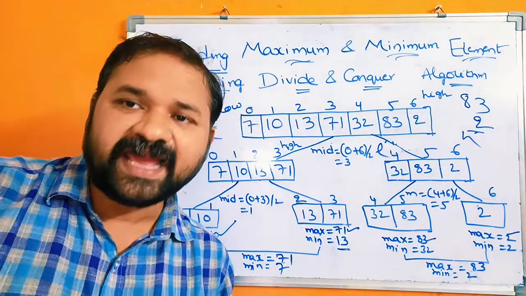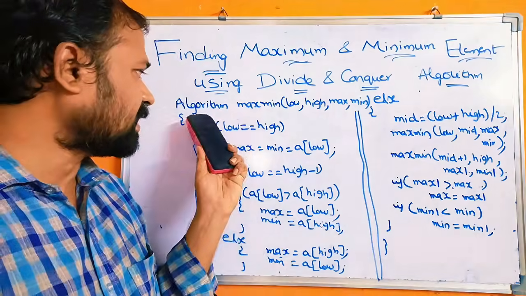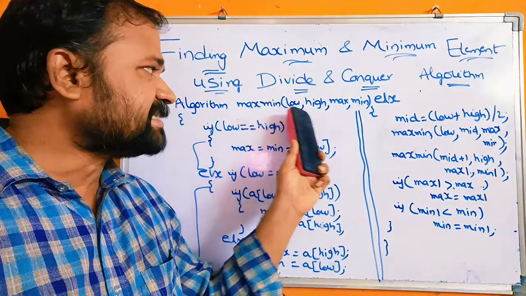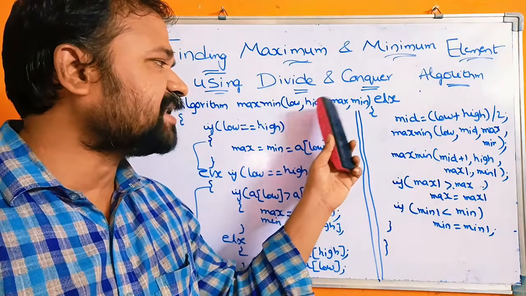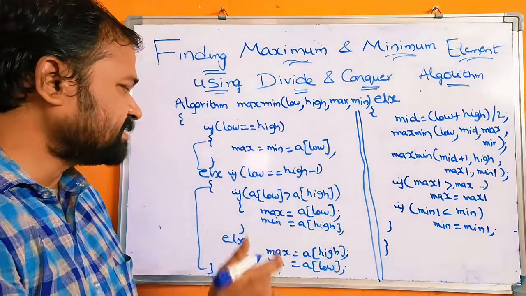Now let's see the algorithm. Name of the algorithm is MaxMin. It is accepting 4 parameters here: low value, high value, max value, min value. Okay. Let us see the procedure here.